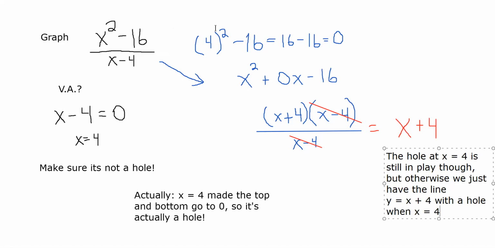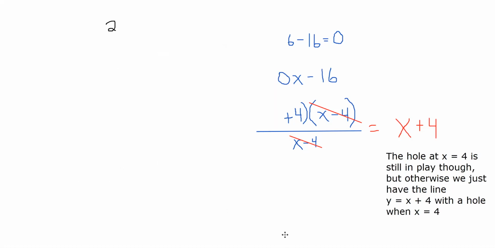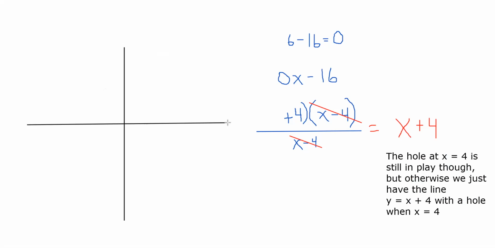So now we're going to plug in 2 right here. 2 minus 1. If we look at the graph, a simple XY graph, it's going to have a y-intercept at 0, 4.